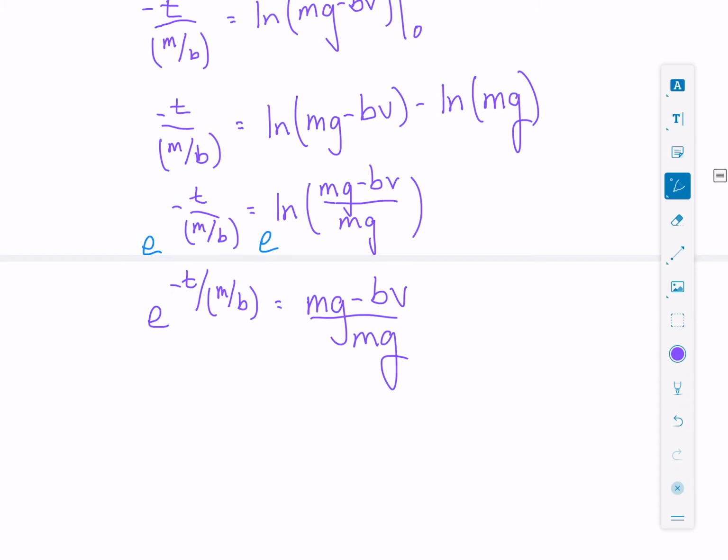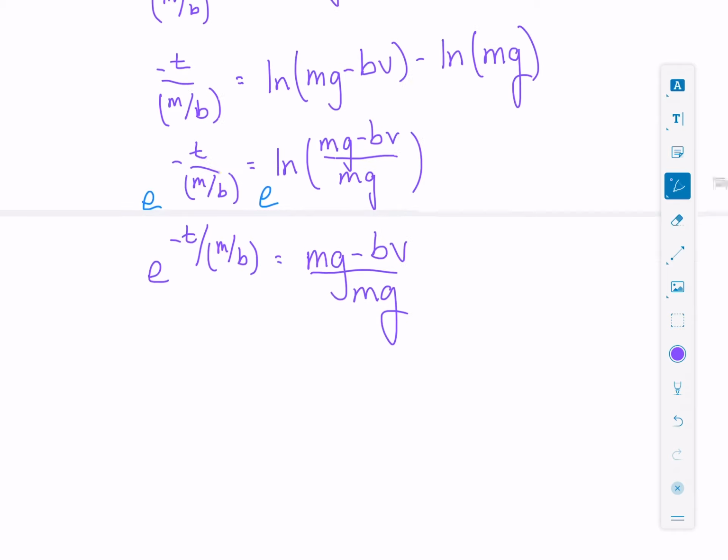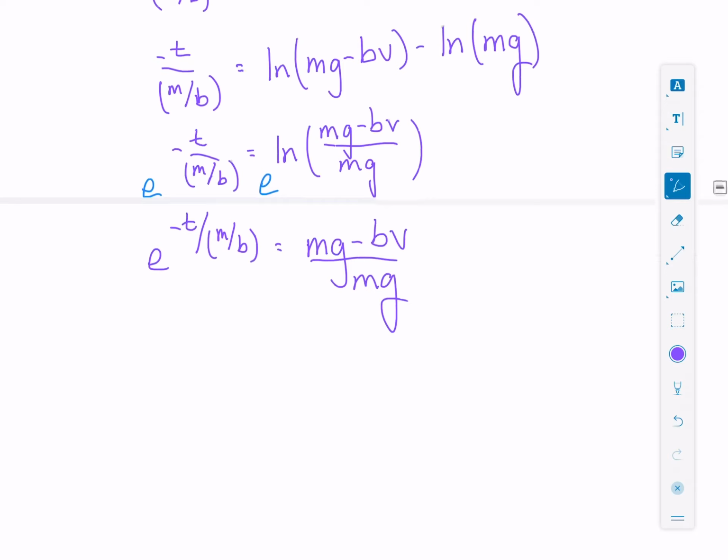Again, we're trying to solve for v. So let's multiply mg up. We have mg e to the negative t over (m over b). And then bring the bv to one side, the mg's to the other. When you do that, we get that bv is equal to mg minus mg e to the negative t over (m over b).